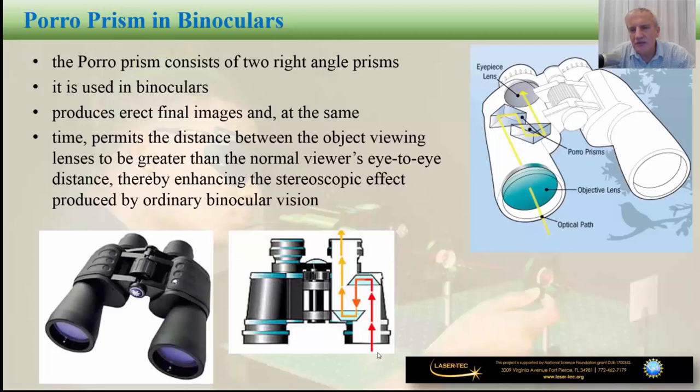We are not going to be analyzing in detail how the binoculars work, other than showing you a few of these pictures, but I'm fully confident that if you fully understand the concepts of this lecture and you know how to trace a light ray through different types of optical components, you would be able to analyze these types of simple systems.